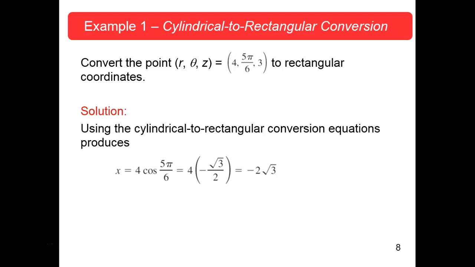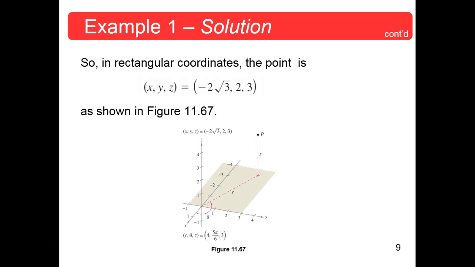Y coordinate is 2. And the z coordinate is just the z, 3. So negative 2 root 3, 2, 3. Okay. And again, you're not going to be tested on this, so don't waste too much time, but just in case you ever need them, here they are. Okay, you've seen them, and they're not that hard to get to.